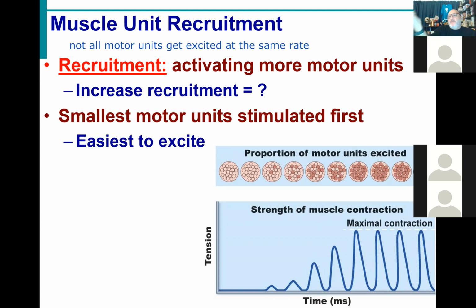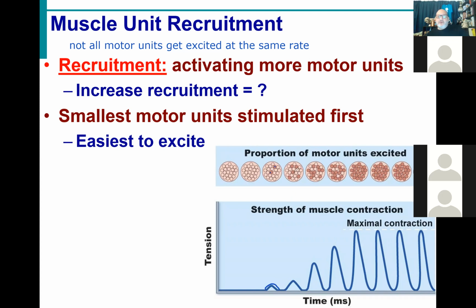So when I grab and start to try to lift that bag, the very first motor unit that is going to get stimulated is going to be the smallest. Notice it's this one with the 2 muscle cells in it. And that produces a very small amount of tension.